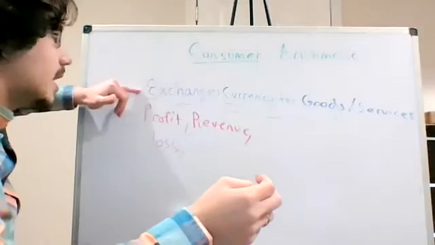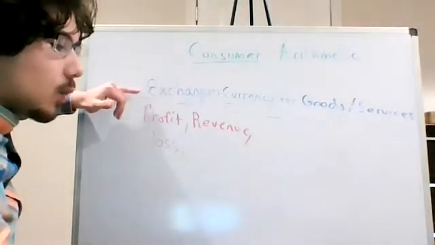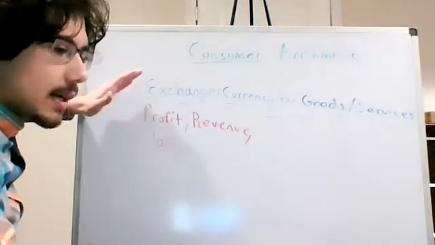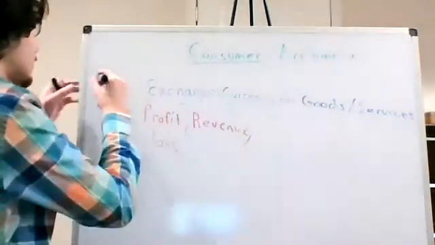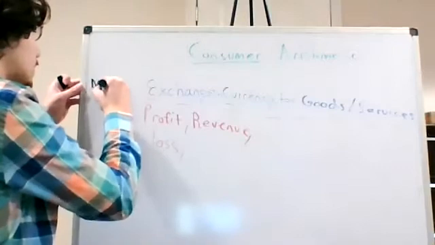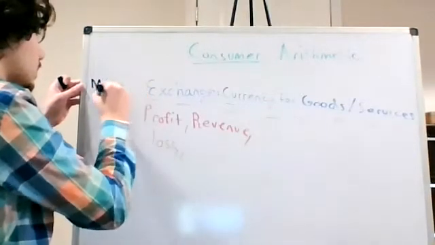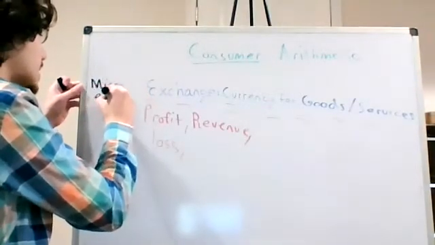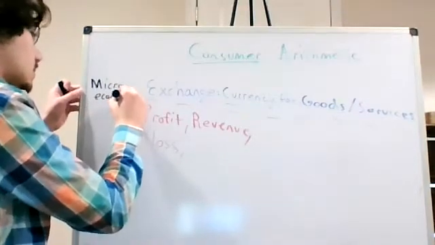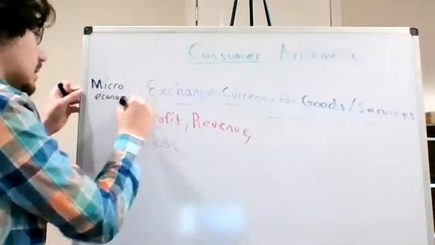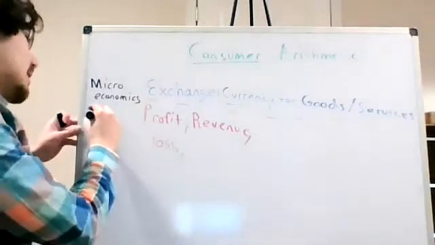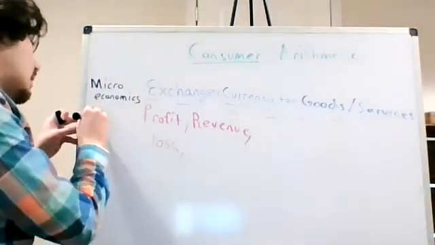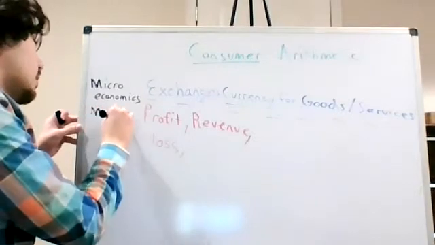And later on in higher level courses, when you talk more about economic classes, focusing on exchange will be referred to as microeconomics. So microeconomics. And these sort of things like profit, revenue, and loss would be referred to as macroeconomics.